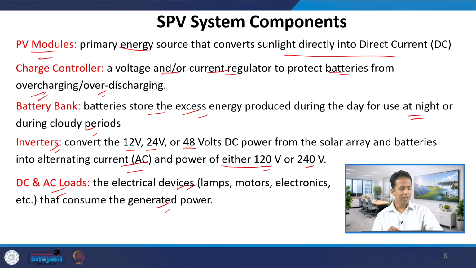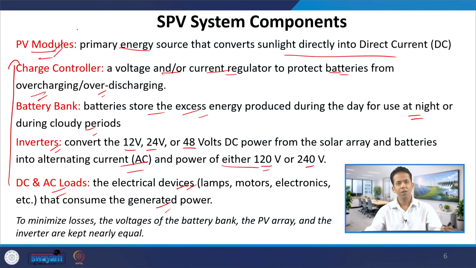So when we design, we go from bottom to top. First we know the load, and accordingly we can design the previous components, stopping at the PV module. Like I said earlier, to minimize the losses, the voltages of these three equipments, the battery bank, PV array and inverter, are kept nearly at equal value.